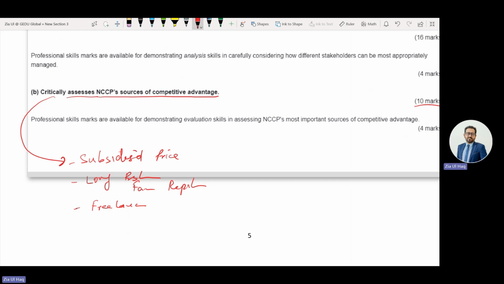If they leave NCCP and join other companies full-time, they could leave with the participants as well. So this could affect the company's competitive advantage in future, because they don't have their own full-time trainers. This is one of the issues.